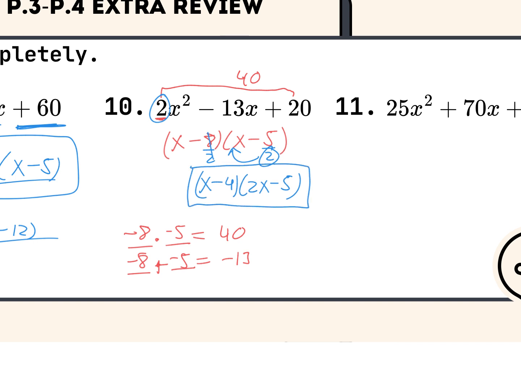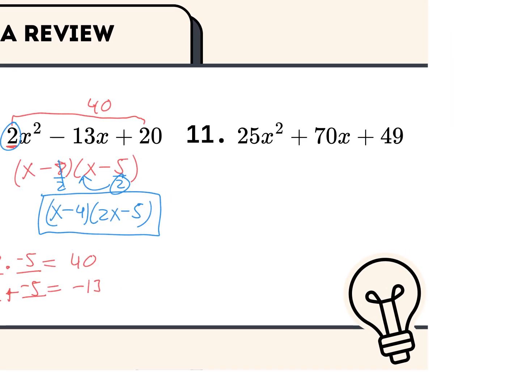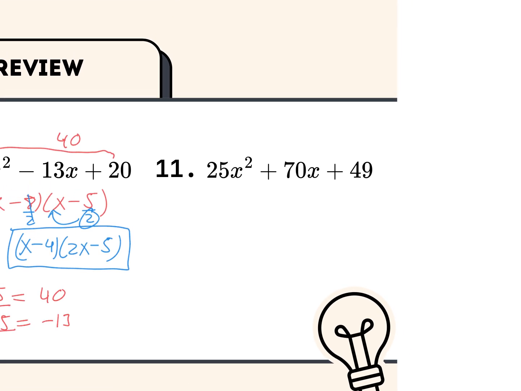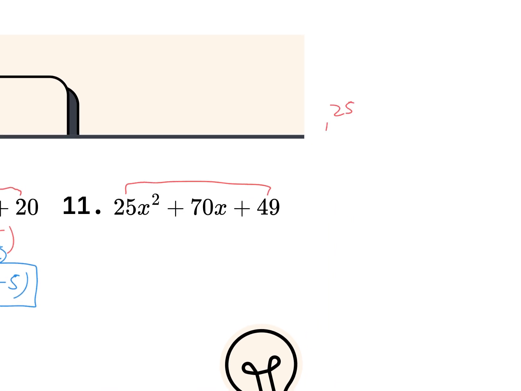All right. Now, the last one, it looks kind of like the one that we just did, and it might look like it has big numbers in the sense that if you did it the exact same way, if I did 25 times 49, I would have to do that on the side and then get a really big number here, all right?